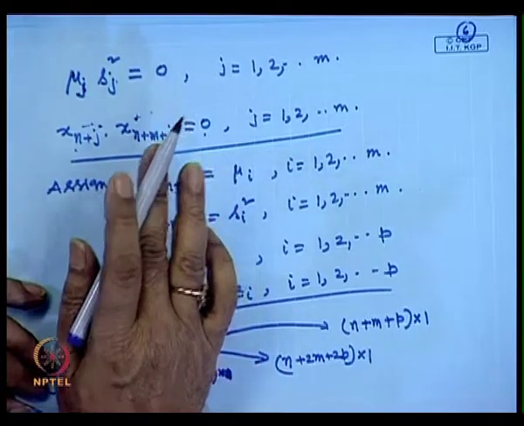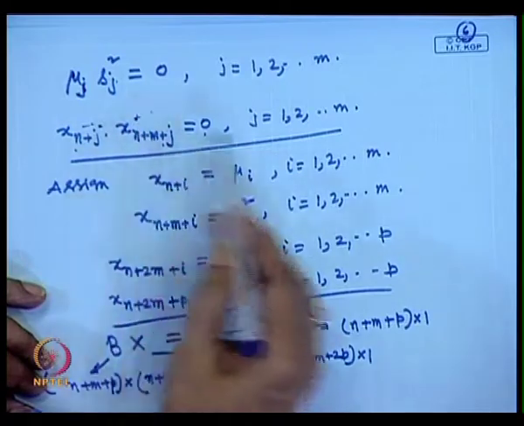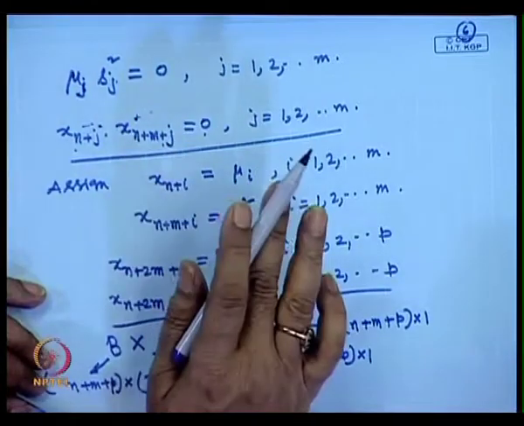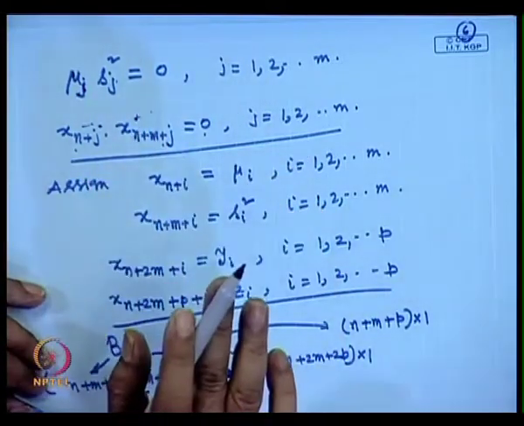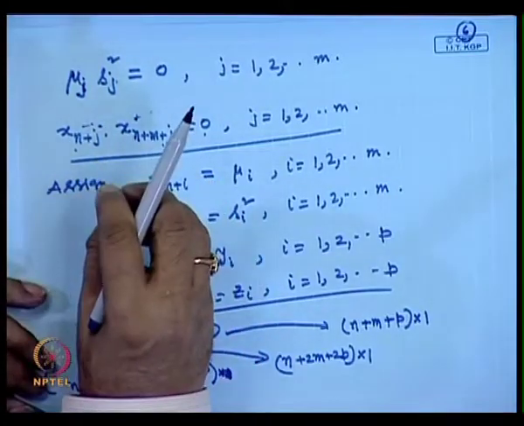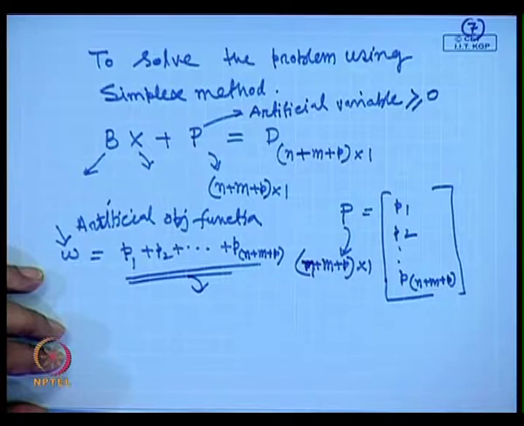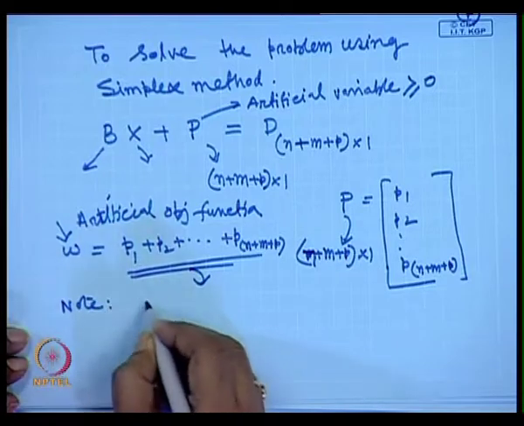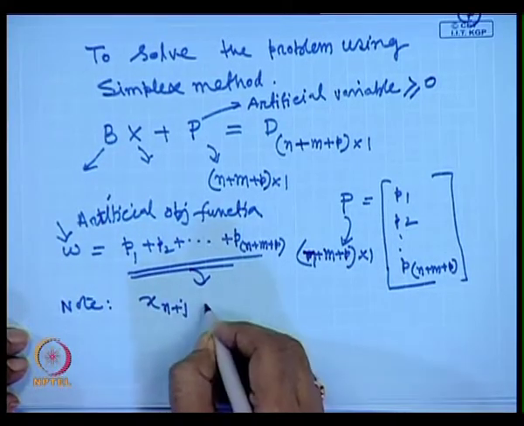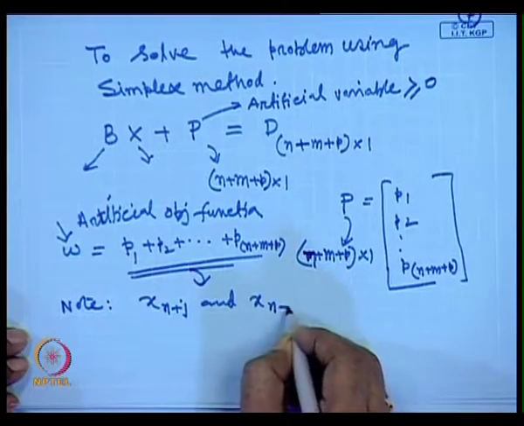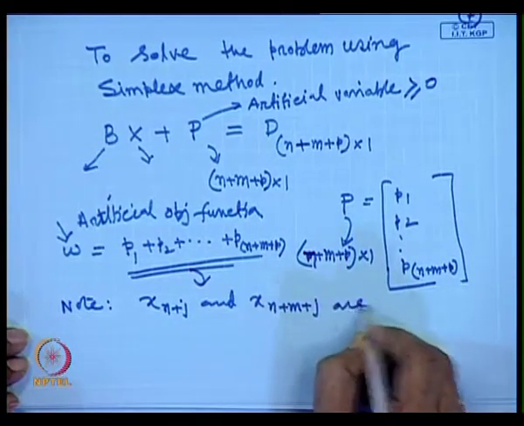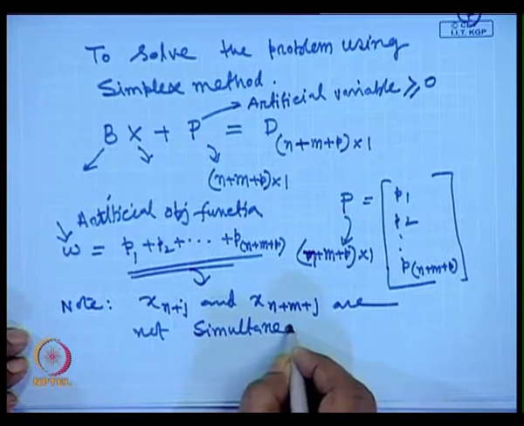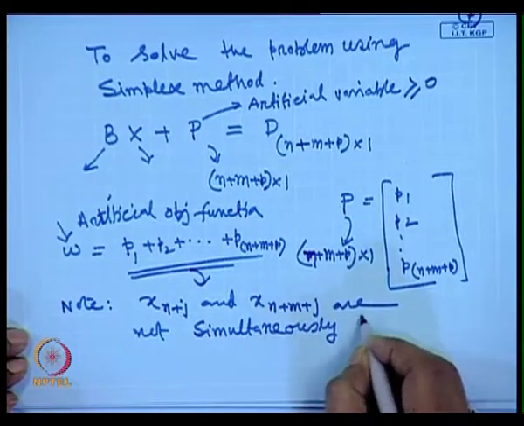So, one can see the product of these two things for j equal to 1 to m, both variables cannot be basic variables. Either one of these must be a non basic variable in general. So, note that x n plus j and x n plus m plus j are not simultaneously basic variables.